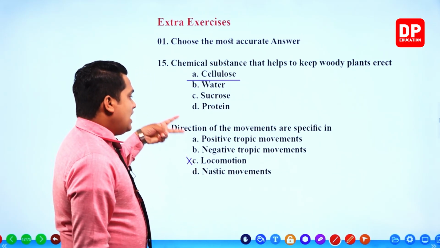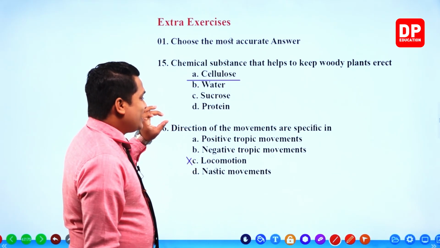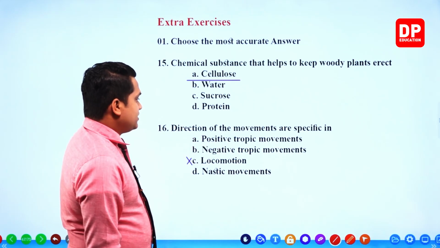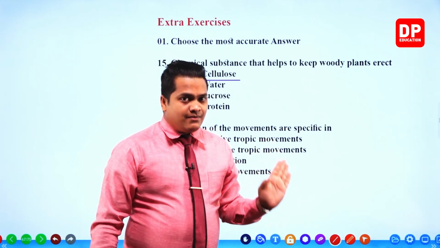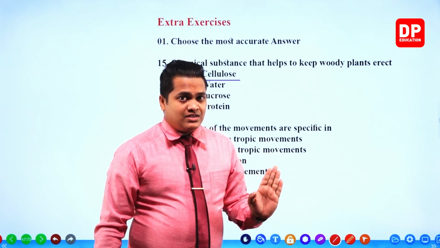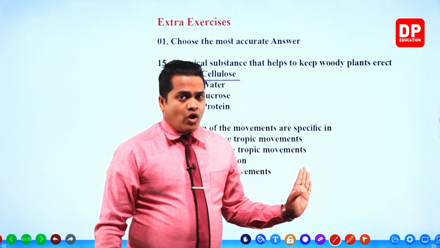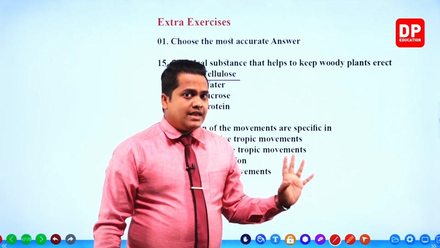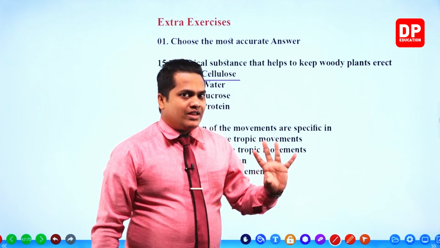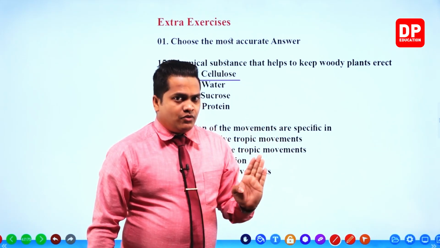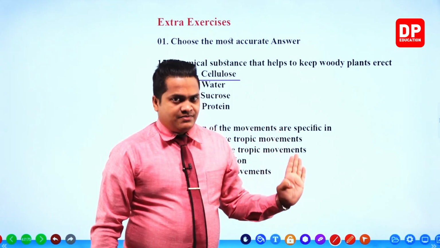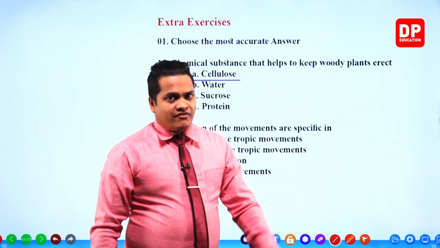These two are regarding trophic movements. So, we know that there is a direct influence between the direction of the stimulus and the direction of the respond within a trophic movement.